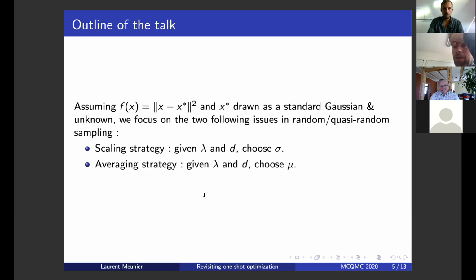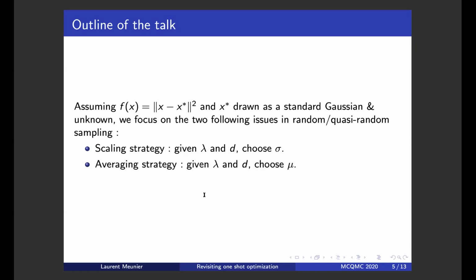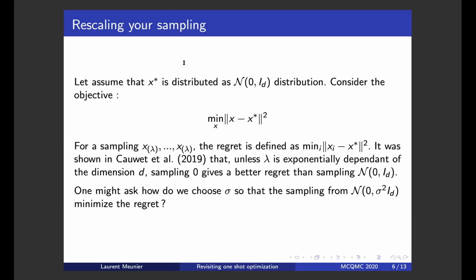First, the rescaling strategies: how do we choose sigma, the variance of the sampling, given lambda and d, and how do we choose mu given lambda and d in the averaging strategy. These are the two strategies we aim to study today. So first, we focus on the rescaling strategy.